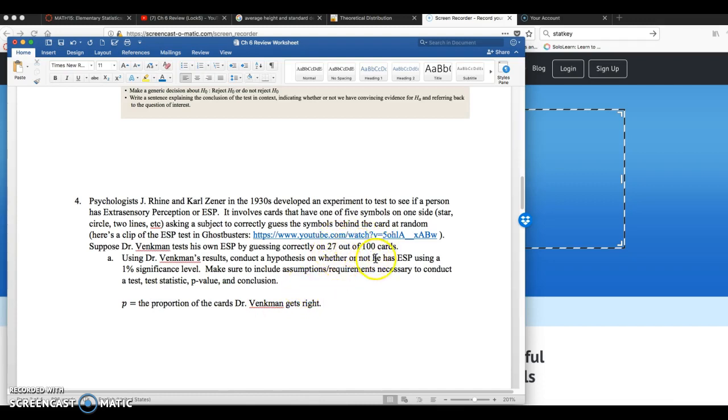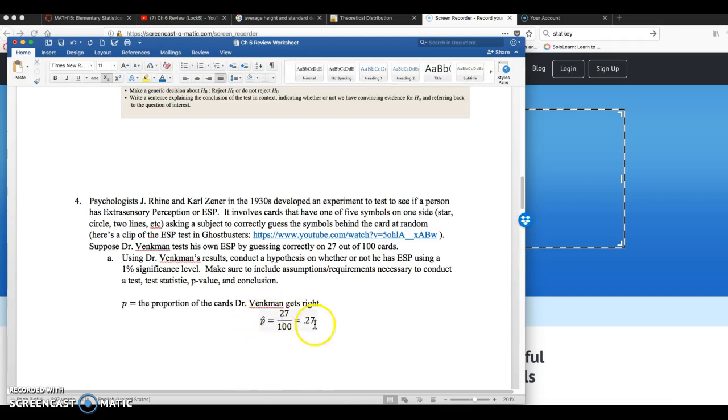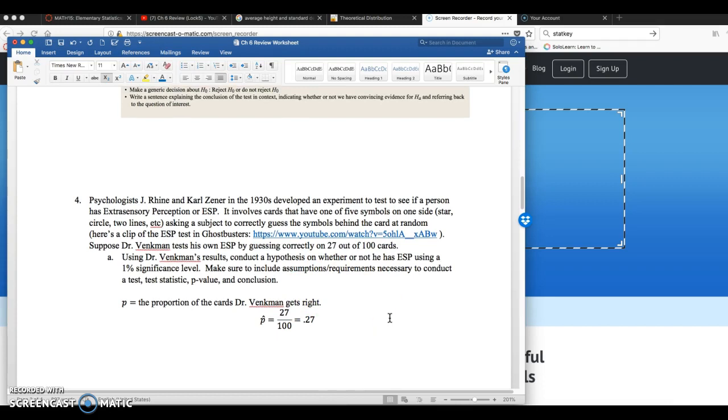So it's not 27 out of 100. Right underneath, p hat is 27 over 100, which gives us 0.27. So the p hat is 0.27. p would be if Dr. Venkman did this experiment many different times. But we're going to use this as one sample to test this claim.